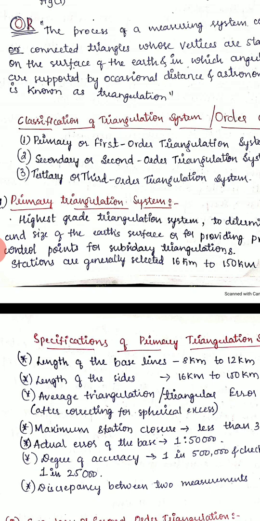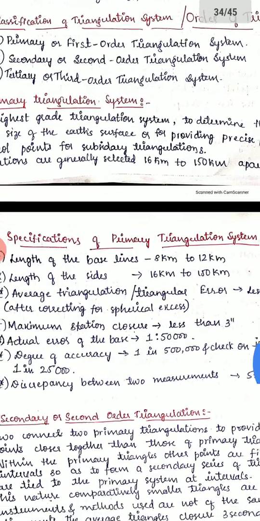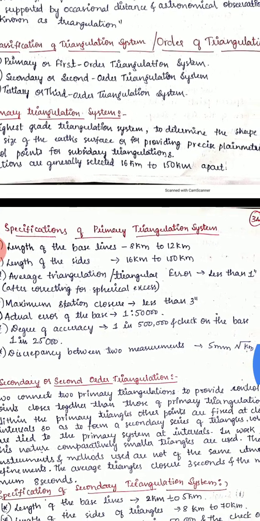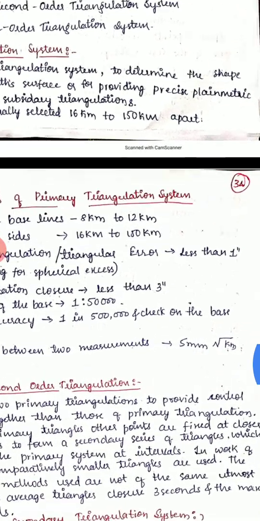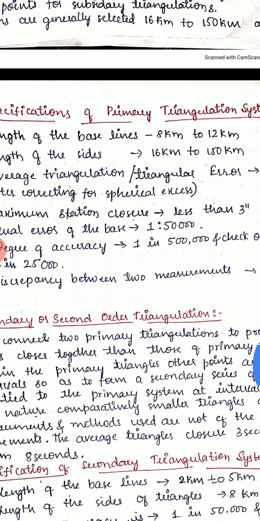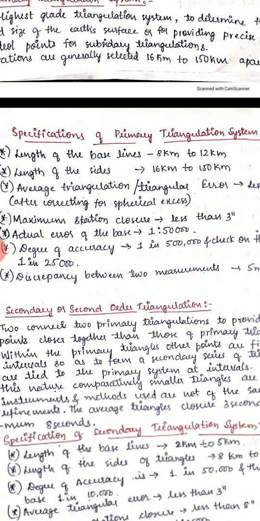Some specifications in primary triangulation: first, the length of the baseline is 8 km to 12 km, the length of the sides is 16 km to 150 km, the average triangular error is less than 1 second, and the maximum station closure is less than 3 seconds.